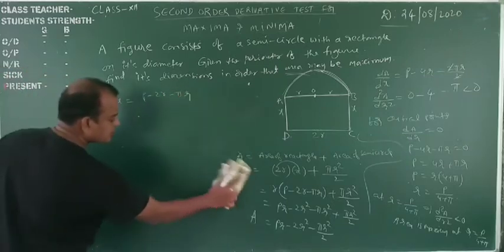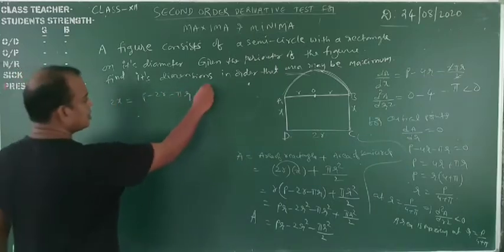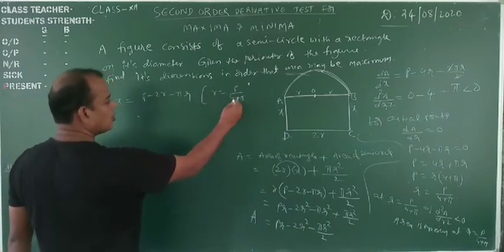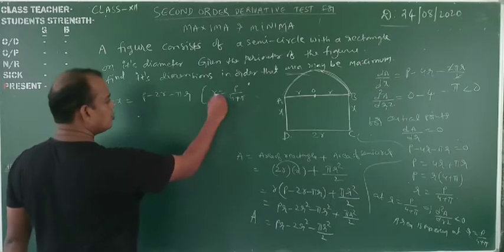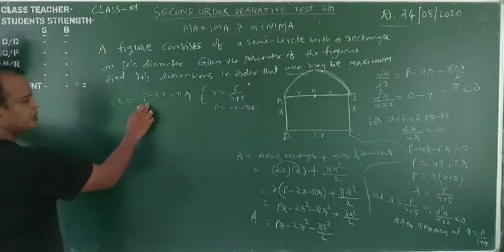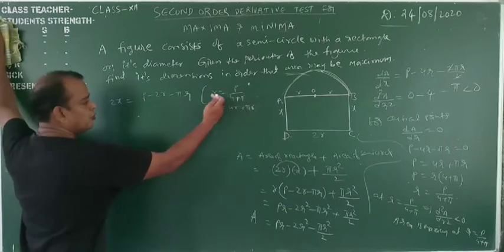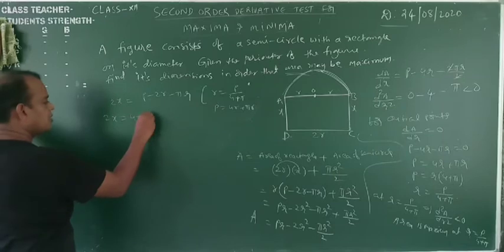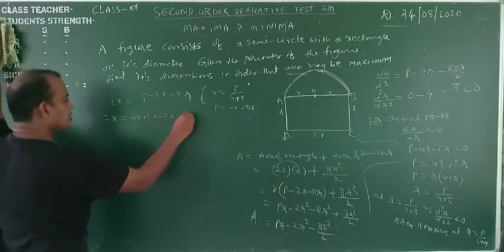Substitute in it, my dear students. From this, clearly r is equal to P by 4 plus pi, so P is equal to 4r plus pi r. Instead of P, put 4r plus pi r. 2x is equal to 4r plus pi r minus 2r minus pi r.